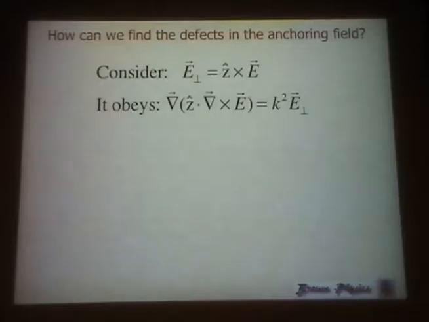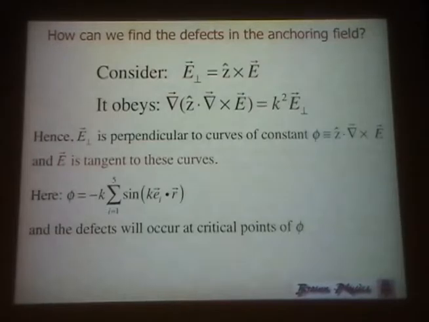What's nice about this identity is that it says that this E perp, the thing that's perpendicular to E, is perpendicular to curves of constant phi. So phi is just what's inside this gradient. And E, because it's perpendicular to E perp, will be tangent to these curves. So I'm just using the property of a gradient and the fact that the gradient of this phi is along E perp. That's what gives me these statements.